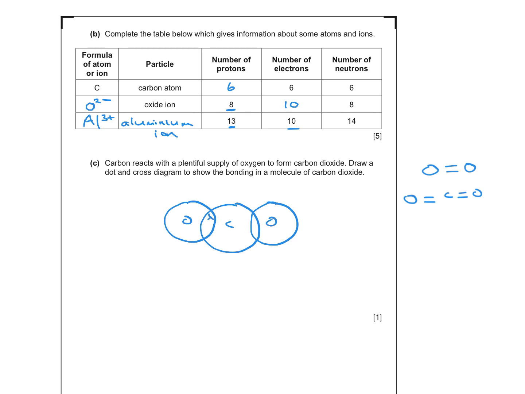Carbon has 4 electrons in the outer shell, and the oxygen has 6. 1, 2, 5, 6. And do the same on the other side. 1, 2, 3, 4, 5, 6. So there we are. So you can see in the overlap there are 2 pairs of electrons, 2 double bonds.